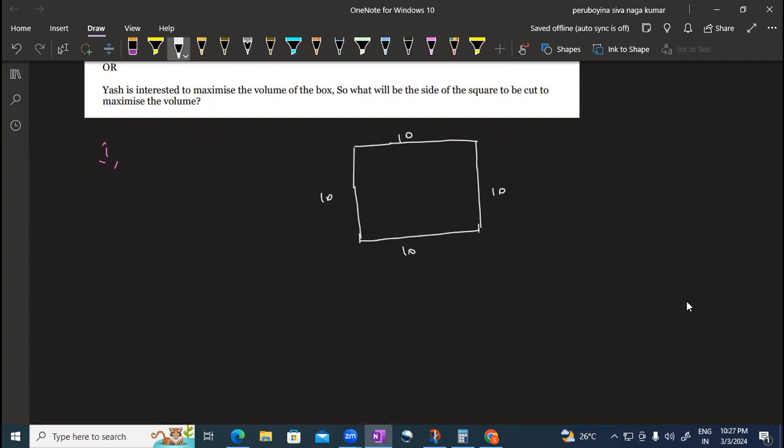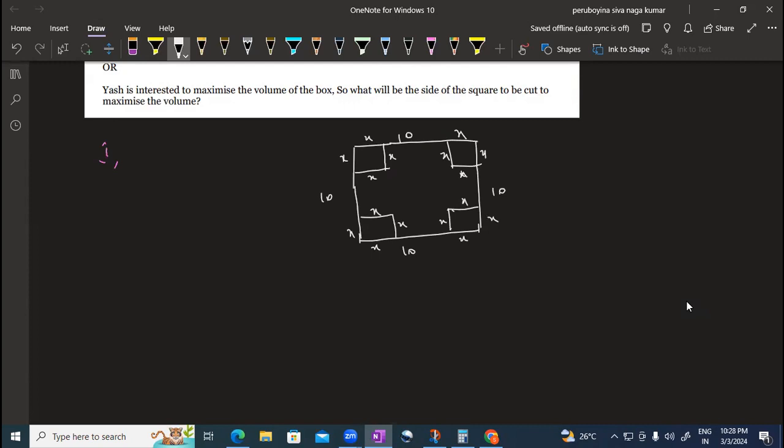And then what he did? He made a cutting of x centimeters, of equal length, on the corners. So corner means x, he cut it down to create a box. Actually, the figure is not properly shown. You can use a scale and pencil to draw this diagram in your examination.